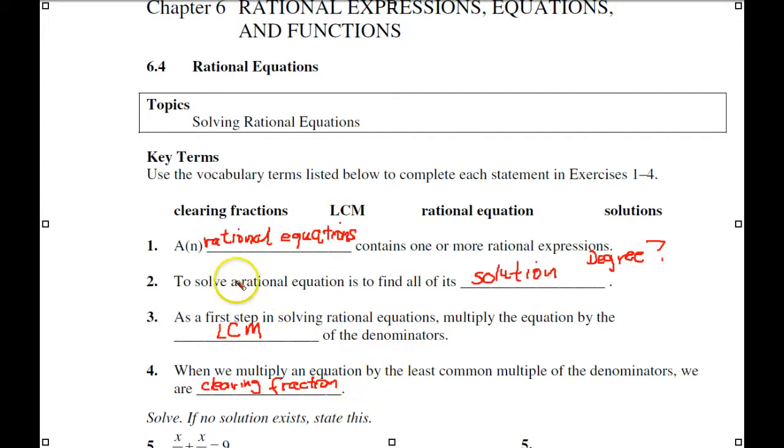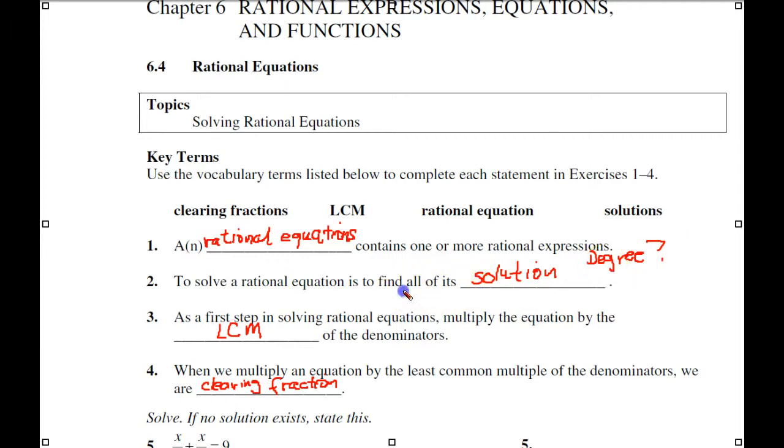By definition, a rational equation contains one or more rational expressions. And remember, these would be equations that contain fractions. To solve a rational equation is to find all of its solutions.